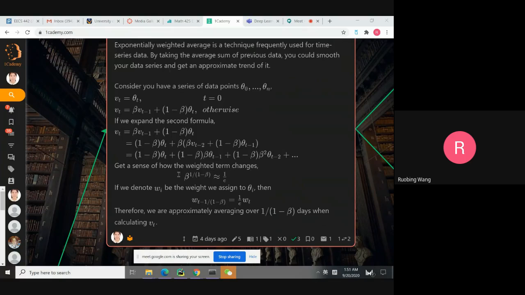Making use of this formula, if we denote wi to be the weight we assign to theta i, we will get this equation. It means that when the data point is 1 over (1 minus beta) away from our current point, the weight of it will be 1 over e times wt. So we are approximately averaging over 1 over (1 minus beta) days when calculating vt.